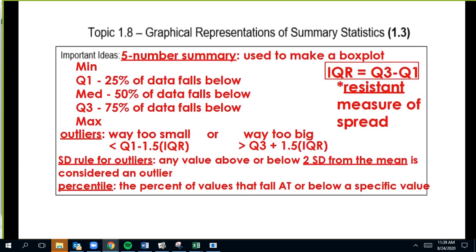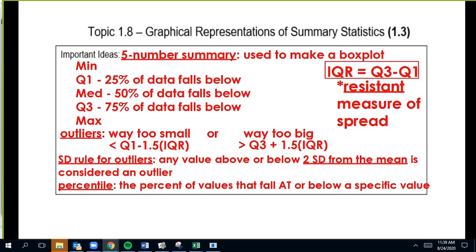So we already went over this stuff. I do want to add about the percentages. So we're looking at the percent of the data that falls below. And that's called a percentile. We have that definition down here. It's officially at or below a specific value, but that gets a little technical with box plots, whether it's at that value or not. So don't worry about that.